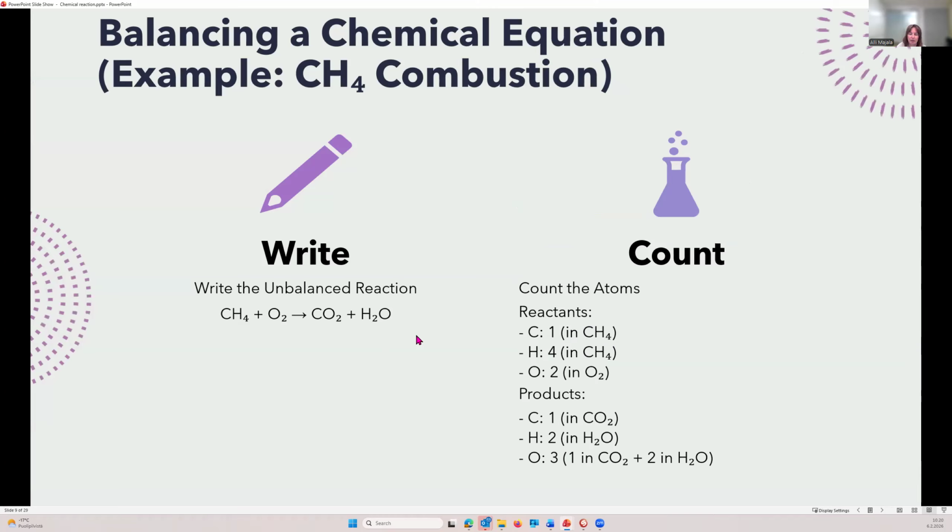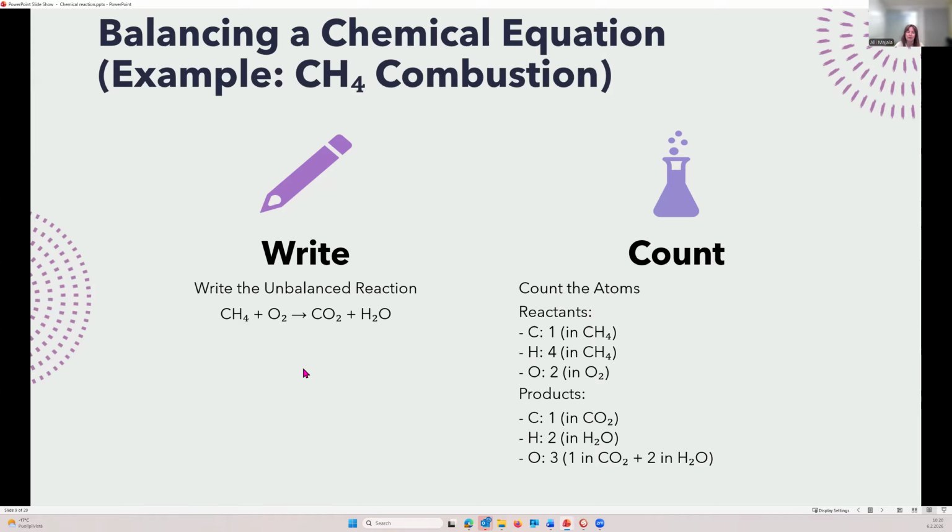And then when you write it at first with the chemical formulas here, and then count in reactants and in products, now you seem to have different amounts.